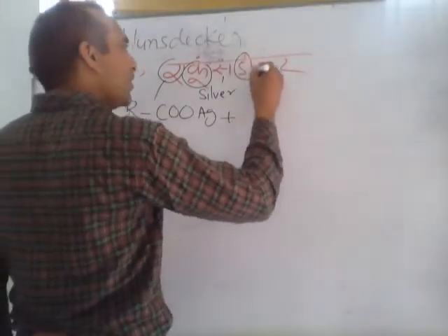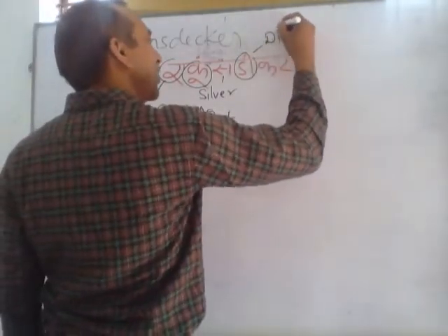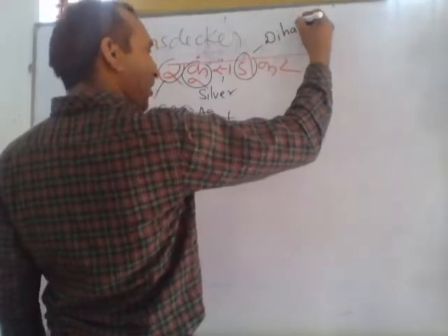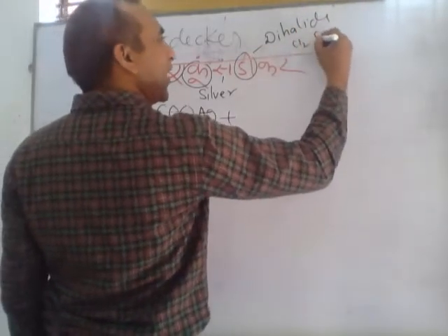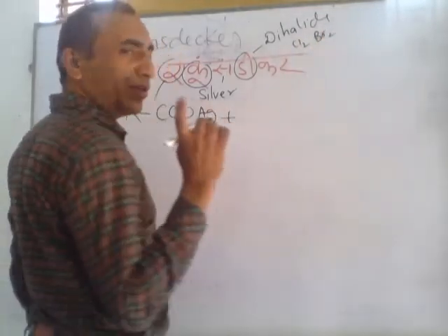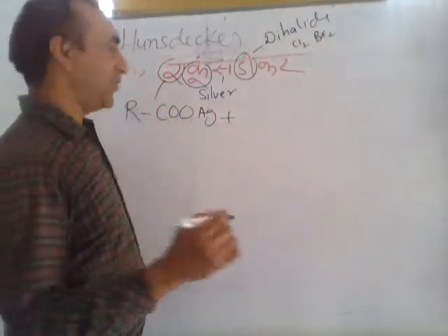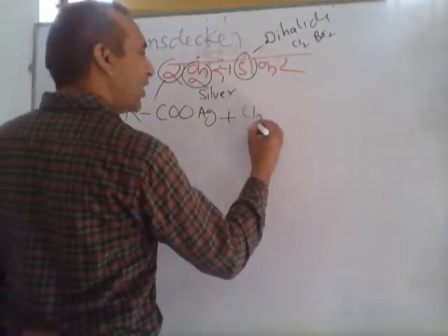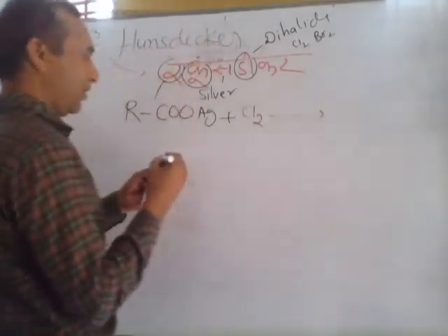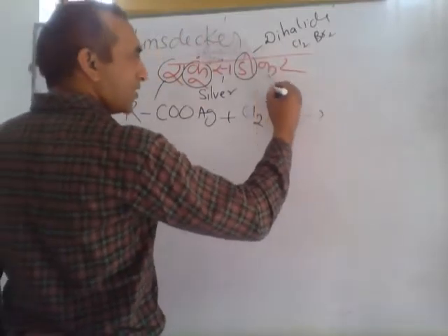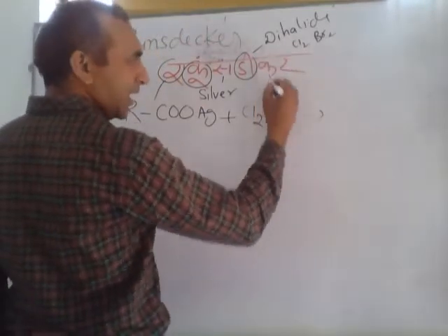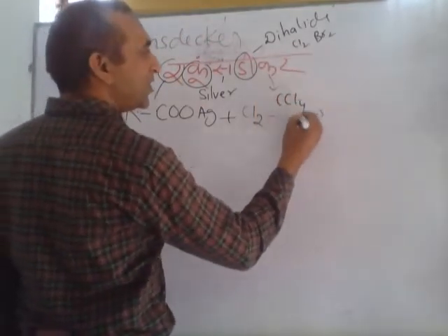Here, this D means dihalide. Dihalide means we can use dichloride or dibromide, but not difluoride or diiodide. And this Ka stands for CCl4.